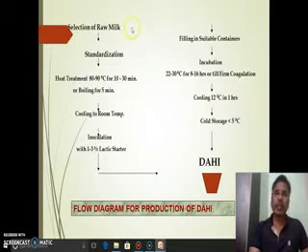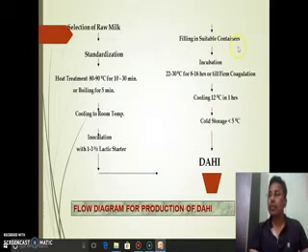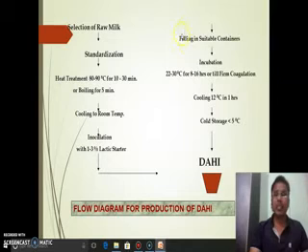Whereas at cottage or household level, all these steps are similar, except that at household level the filling in suitable containers is exempted. At household level the milk is not packed in suitable containers.